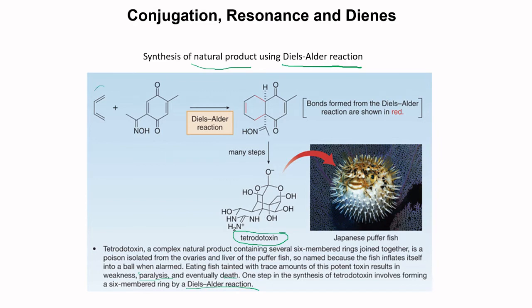Here, this is the diene and this is the dienophile, and it undergoes the Diels-Alder reaction to form this product. After that, this product will undergo many steps to produce tetrodotoxin.